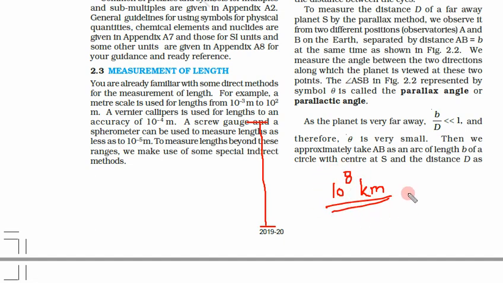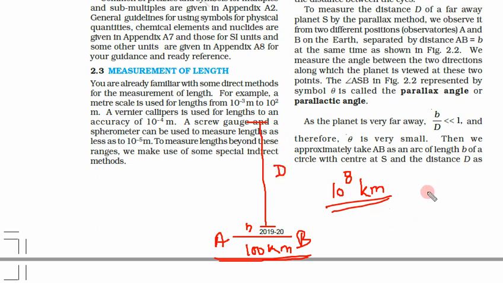Let us say this is a very large number, and our two observatories A and B are 100 kilometers apart. So this distance is b, and the distance of the planet is D, capital D.